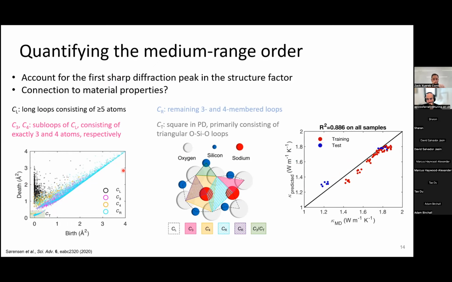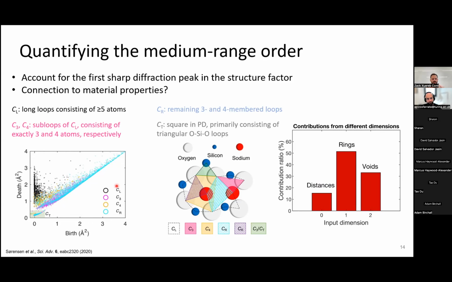And you can also imagine you could use these types of features, and this is still ongoing work, to extract them and use them as input for machine learning models to look at properties, here thermal conductivity for some samples. And the good thing is that, with our physical understanding of this, we can go back and see, for a given predicted property, because we can do this in different dimensions, we can look at distances, rings, and voids, and see the relative contributions of these features to some of the glass material properties.